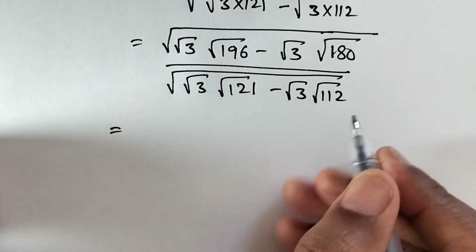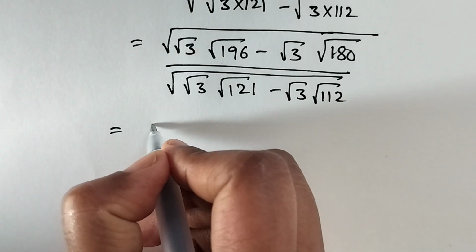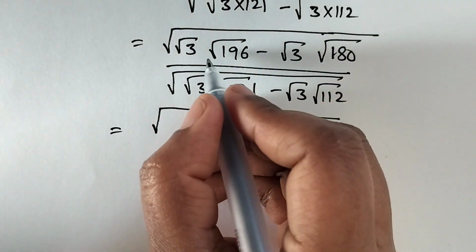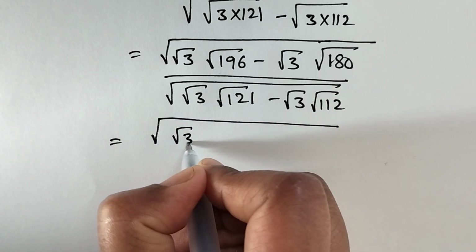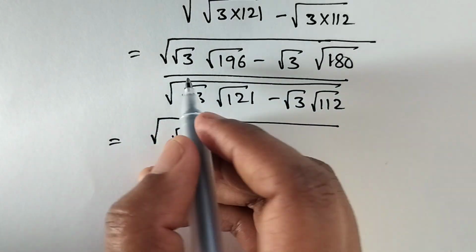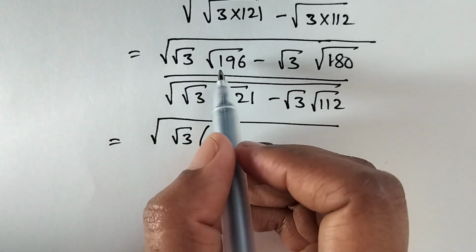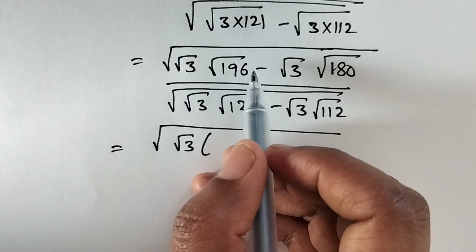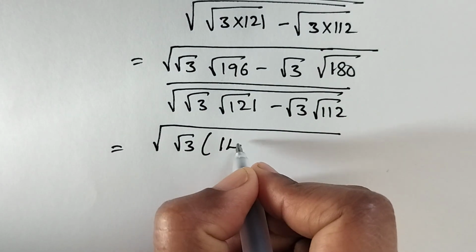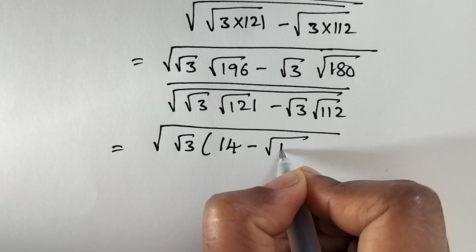In the numerator we have the square root of 3 in common, so we take it out as common. Now the square root of 196 is equal to 14, so we get 14 minus the square root of 180.